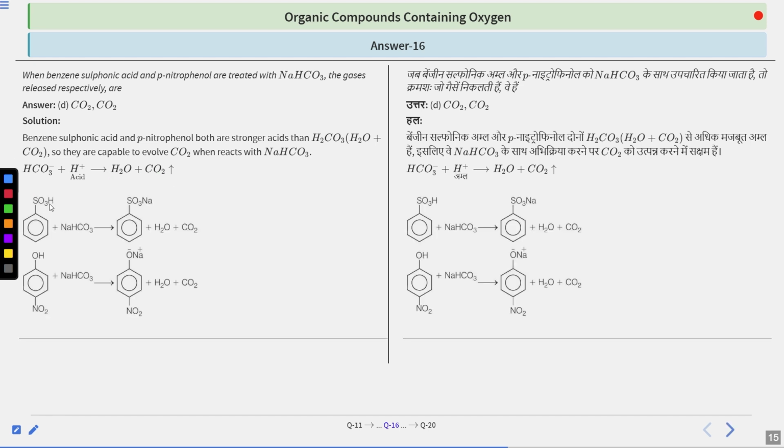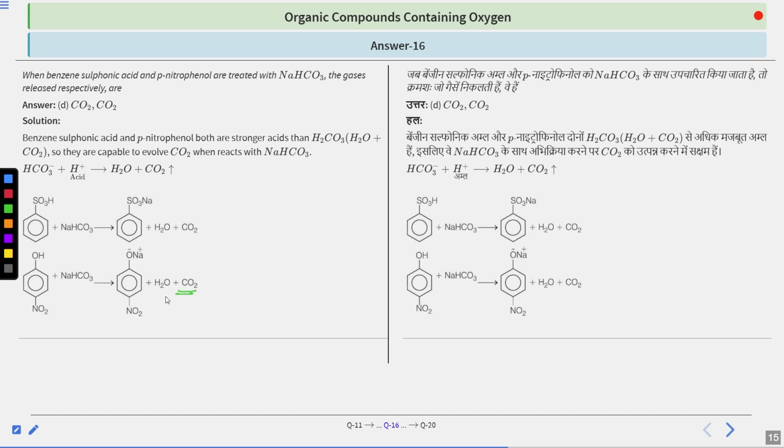So when you react benzene sulfonic acid, SO3H, with NaHCO3, you will get SO3Na in place of SO3H, plus H2O and CO2 gas. Similarly, when you react para-nitrophenol with NaHCO3, you will get O negative Na positive in place of the hydroxyl group, with the rest of the structure the same, plus H2O plus CO2 gas.